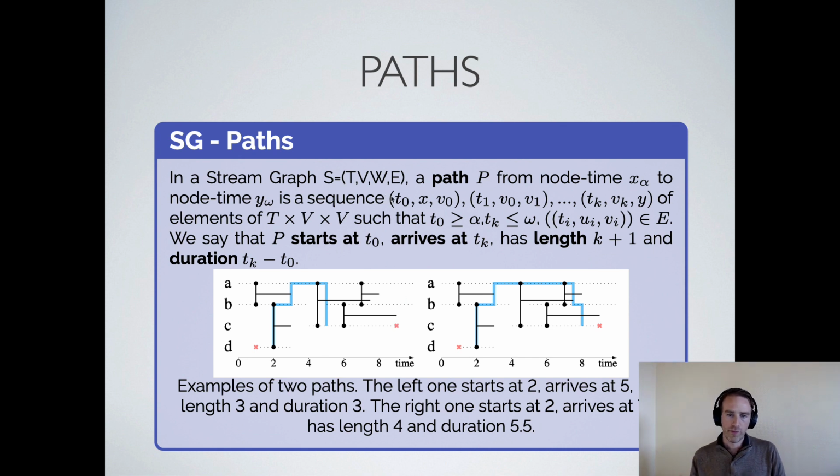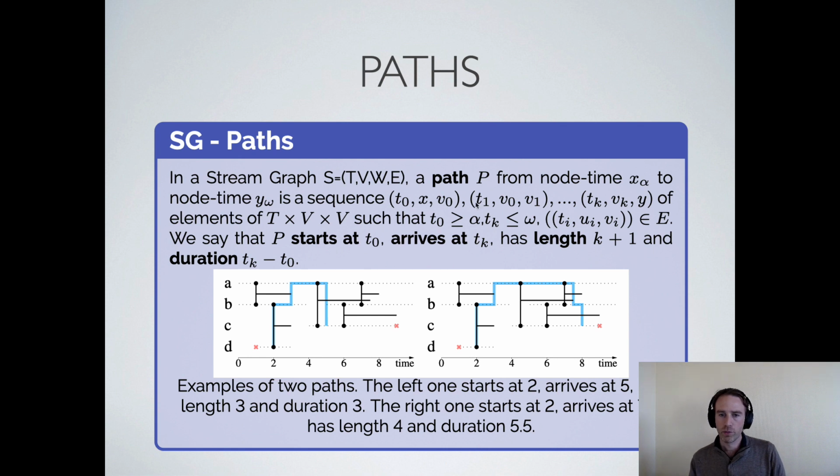And we will define this path as a sequence of hops between node times. The first one here is starting at a time t0 from node x and moving to node v0. So there needs to be an edge between x and v0 which exists at time t0, and this t0 must be greater or equal than alpha.